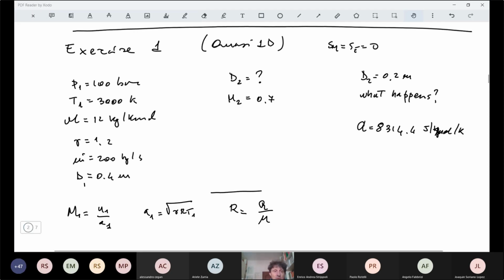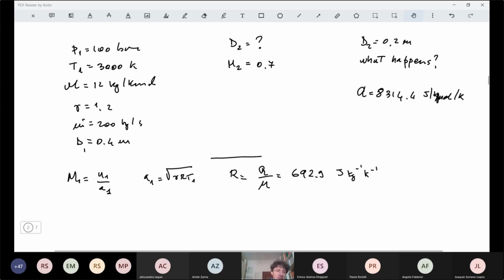And so we know this M, and this R is 692.9. We know R, we know gamma, we know T, so that A is equal to 1579.3 meters per second.